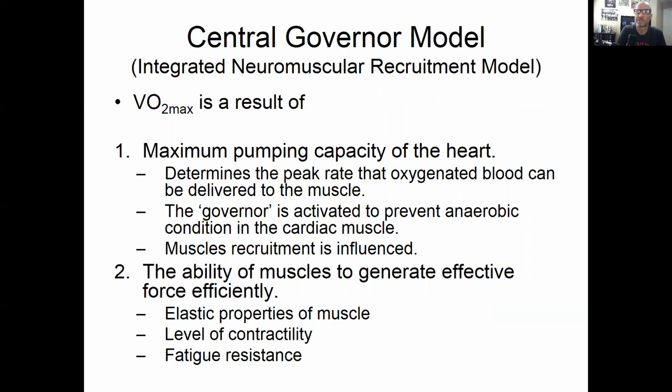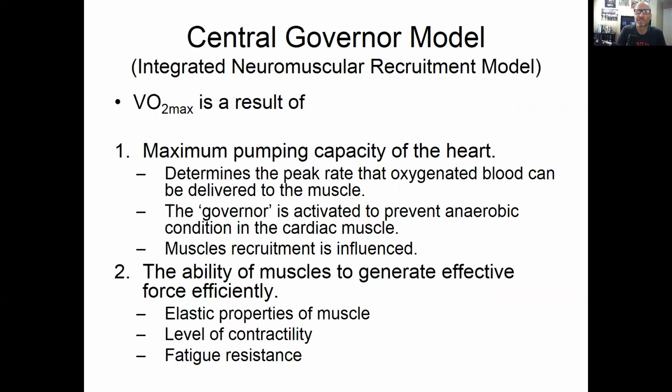Anaerobic conditions, lack of oxygen, ischemia. Remember, healthy individuals are not stopping a graded exercise test because they're complaining of chest pain. The brain alters muscle recruitment, and that ultimately is explained in fatigue and exhaustion. And later on, we'll talk about this in terms of performance of a 5K, a 10K, or marathon.